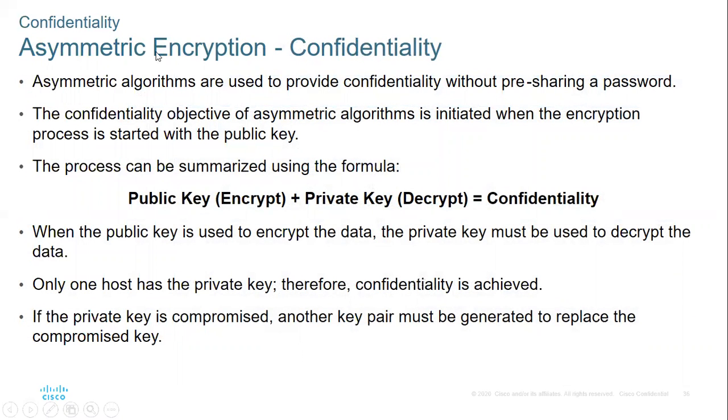Okay. So with asymmetric encryption, how do we achieve confidentiality? Here we can achieve confidentiality if we are going to encrypt the information with the public key, okay, and decrypt that information with the private key. Okay, so you see, it is me and you who want to share the information.